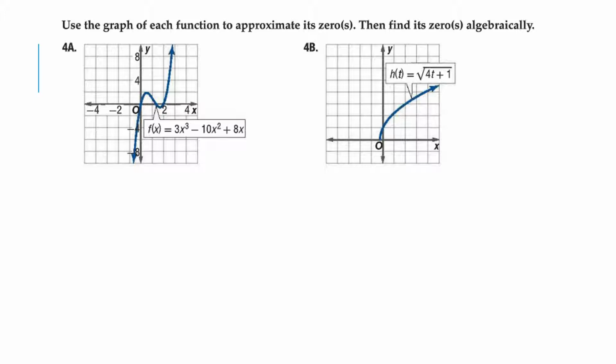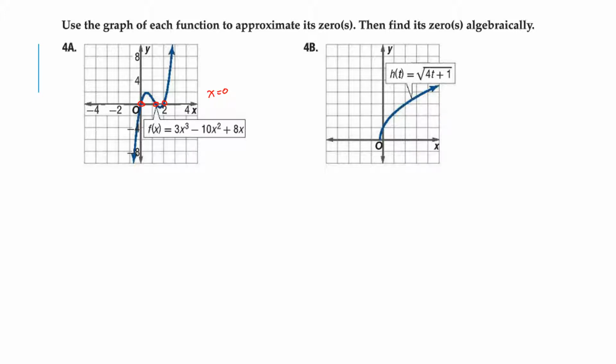Let me get my pen going again. So it looks like it's going to cross here, here, and here. So I am looking at this and I'm saying x will equal 0 when y equals 0.